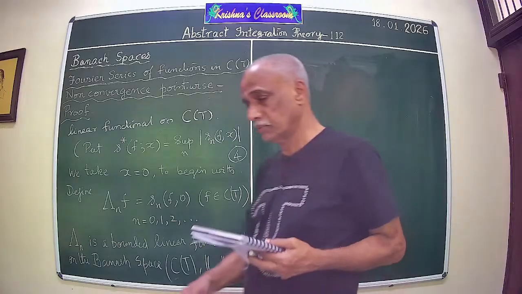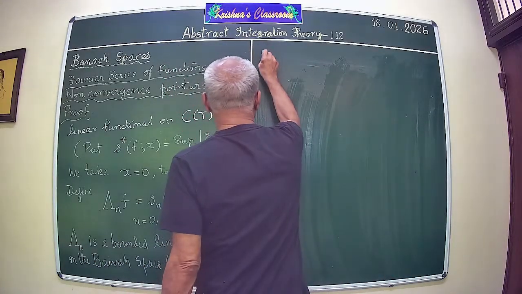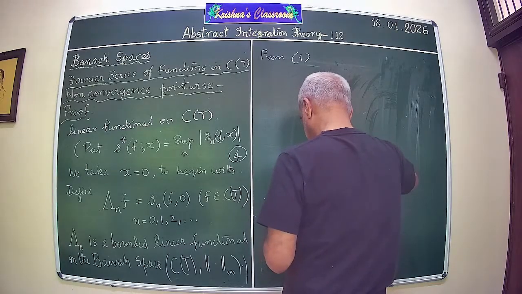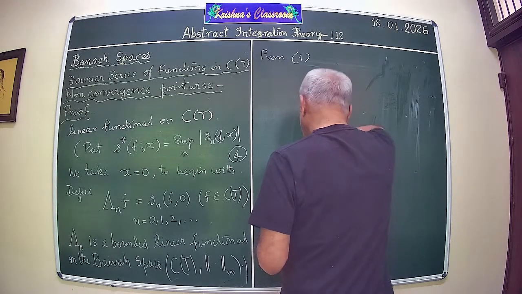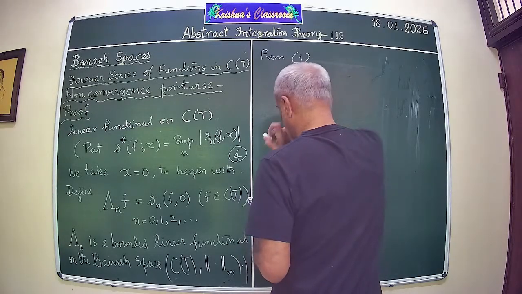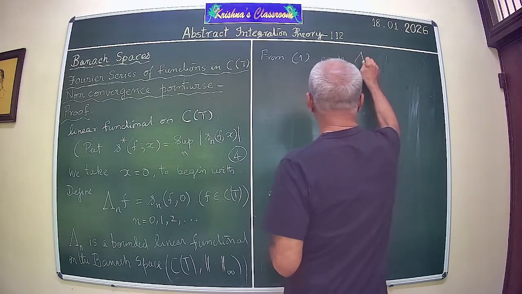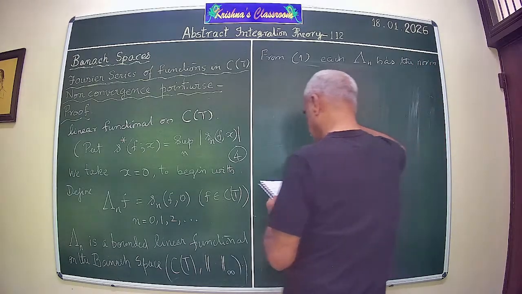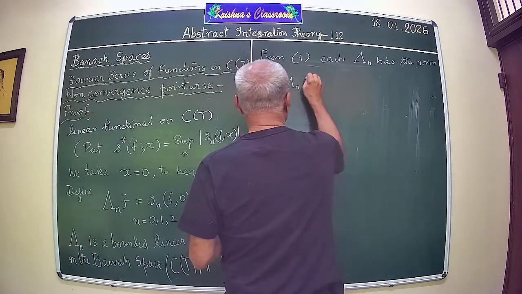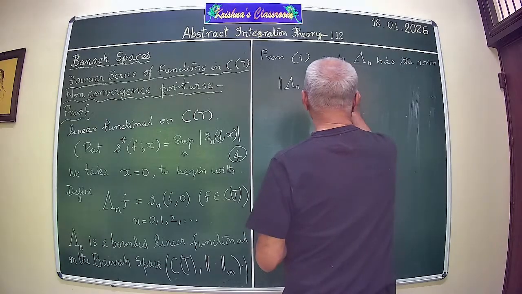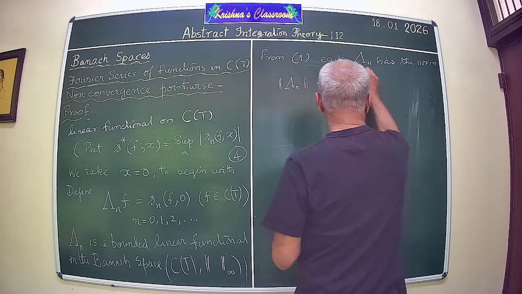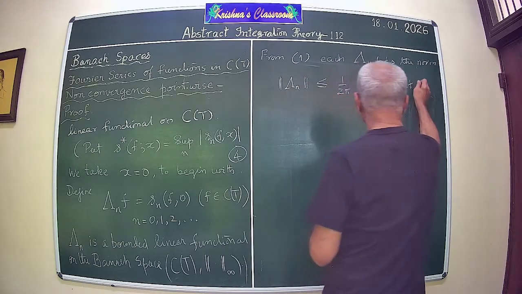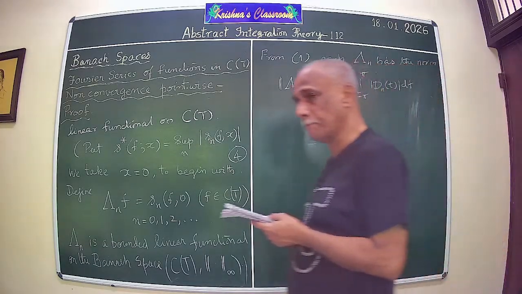Now from 1, each norm, where dn is of course defined through the partial sums.